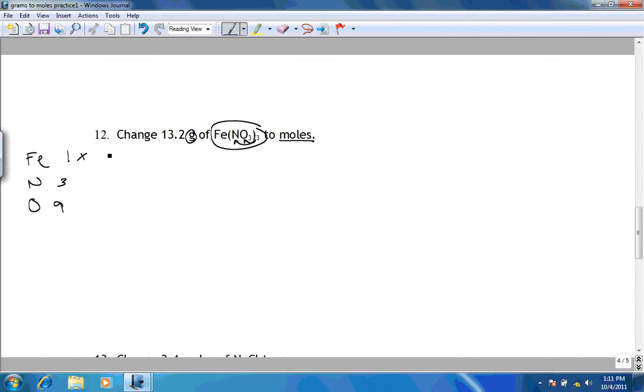So 1 times 55.85, you find that number off the periodic table. Nitrogen is 14.01, you find that off the periodic table. And oxygen is 16.00, and you find that off the periodic table. We're going to add these 3 numbers up in order to get the total molar mass.